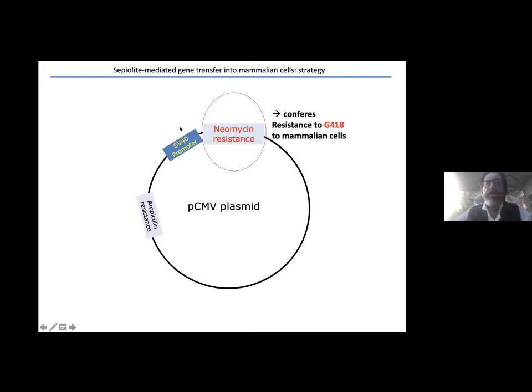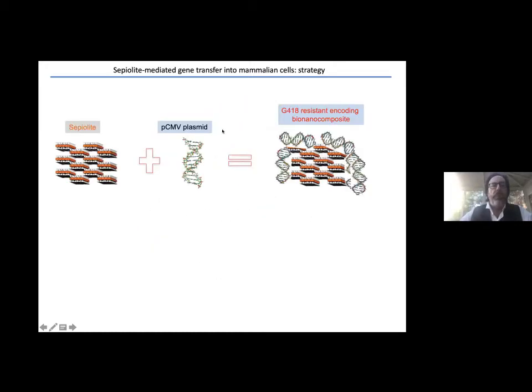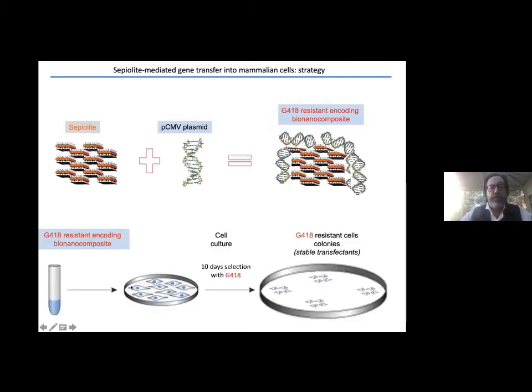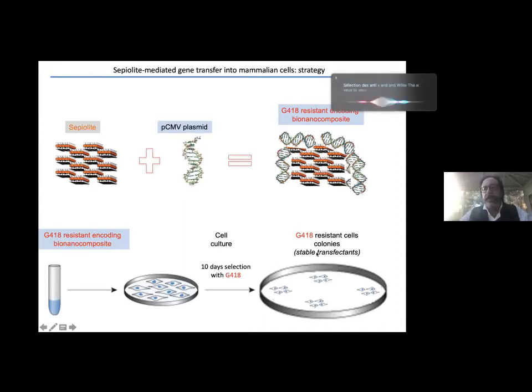If they have incorporated this plasmid DNA, they should resist. So we assembled the plasmid onto sepiolite, and then we added this suspension to the cells. We added the selection, and then we let it go for 2 weeks, 10 days.